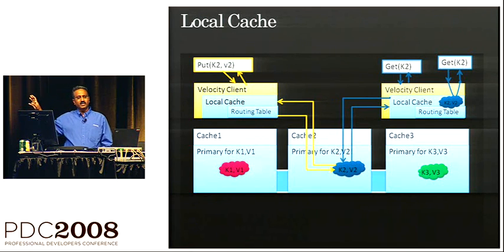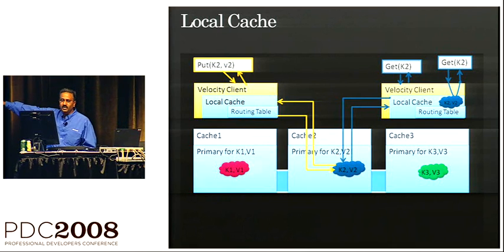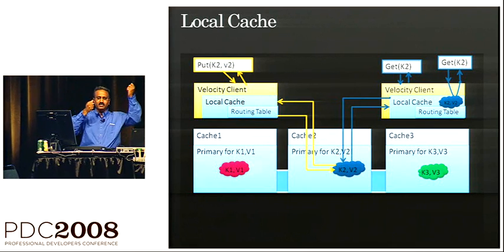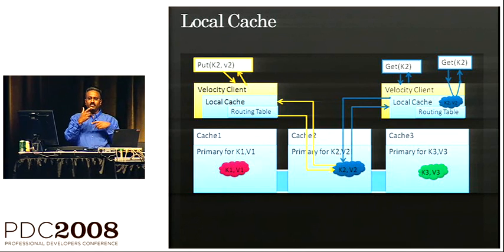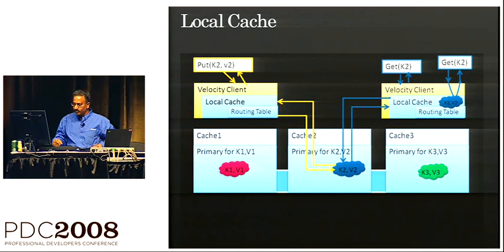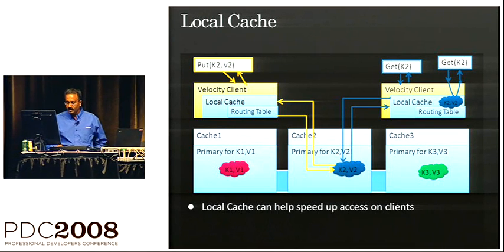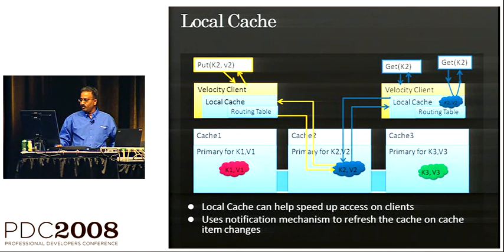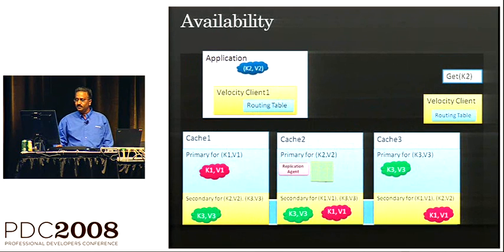But it also means that I need to keep the primary data as well as the local caches in sync in some fashion, and that's what the notification mechanism will help with. I have a few slides to show that. So the local cache can help speed up the performance, and the notification mechanism is required to keep these changes up to date.